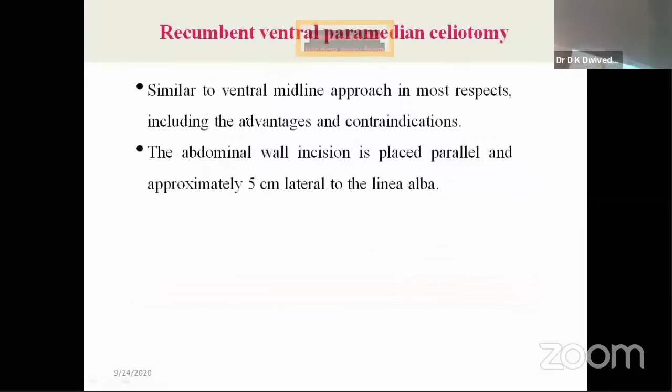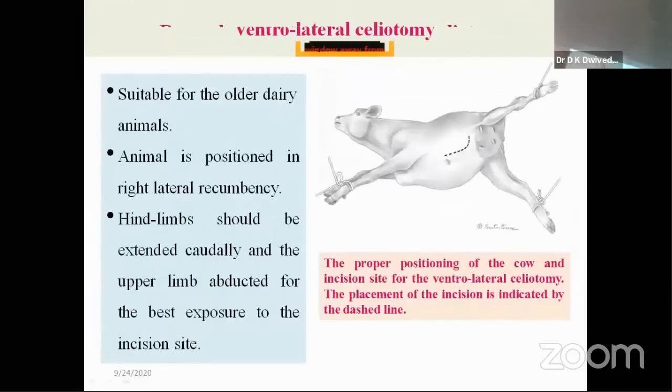So the recumbent ventral paramedian celiotomy is again similar to the ventral midline approach in most respects, including the advantages and contraindications. Now next is the ventrolateral celiotomy.